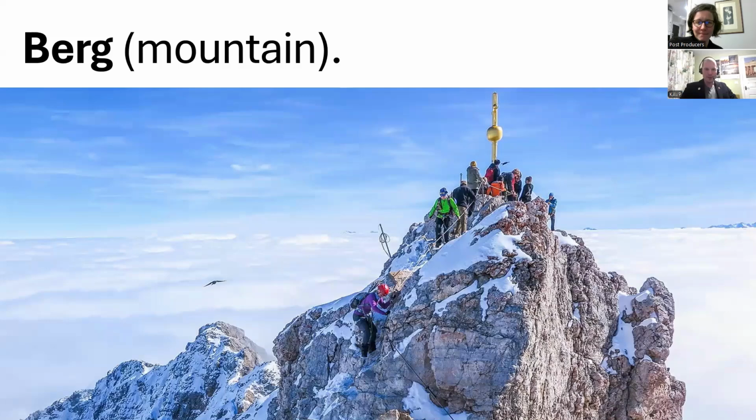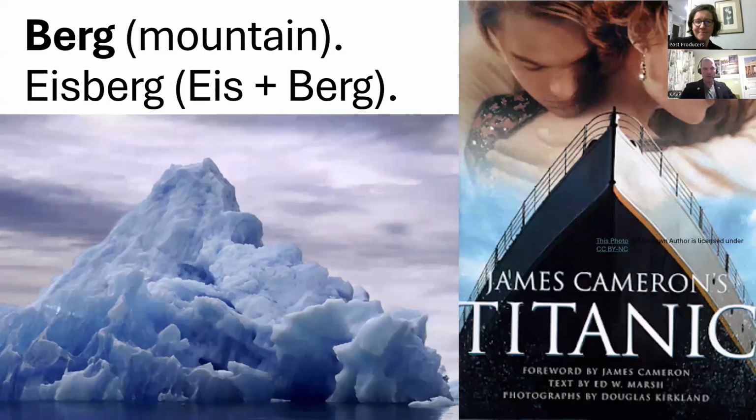Here's another word that you'll probably have come across, but it's not the same in English and in German. And that word is Berg, which is the German for mountain. I believe this is a picture of the Zugspitze, which is the highest German Berg or mountain. Where have you heard that word before, you might be wondering now? Well, you probably heard it in this popular movie, Titanic, and the word is iceberg.